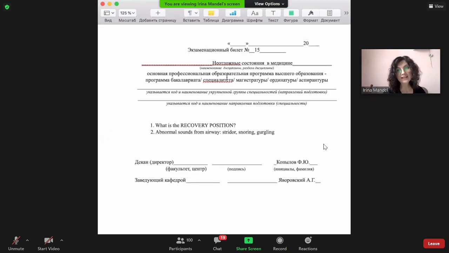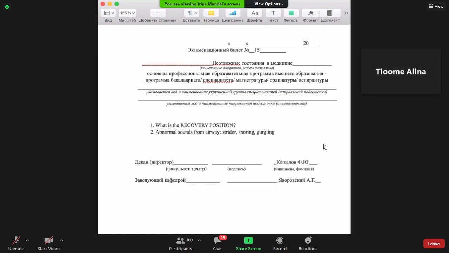And here, first of all, we should look at the patient, and if it's possible, we can apply the Heimlich maneuver. And if there is something in the throat, we can try to get it out. And that's it. You should describe how to do Heimlich.